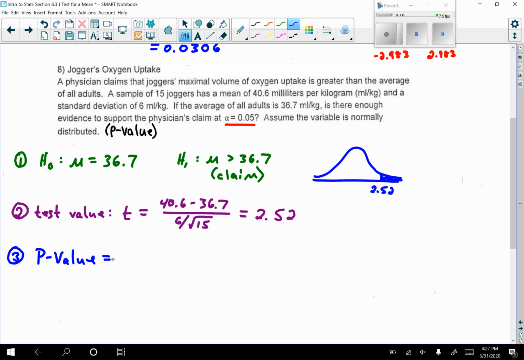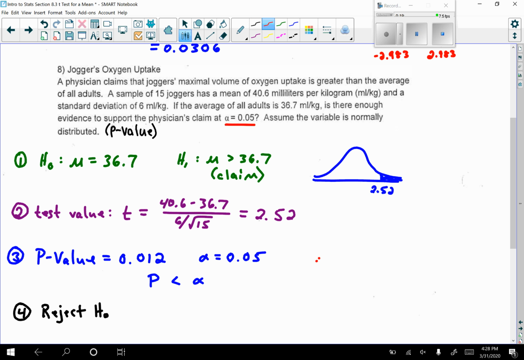And our p-value should be 0.012. Again, alpha is 0.05. So our p-value is less than alpha, which tells us for step 4, we reject the null hypothesis. It's like we're kicking out the null hypothesis, which means we can support the claim.